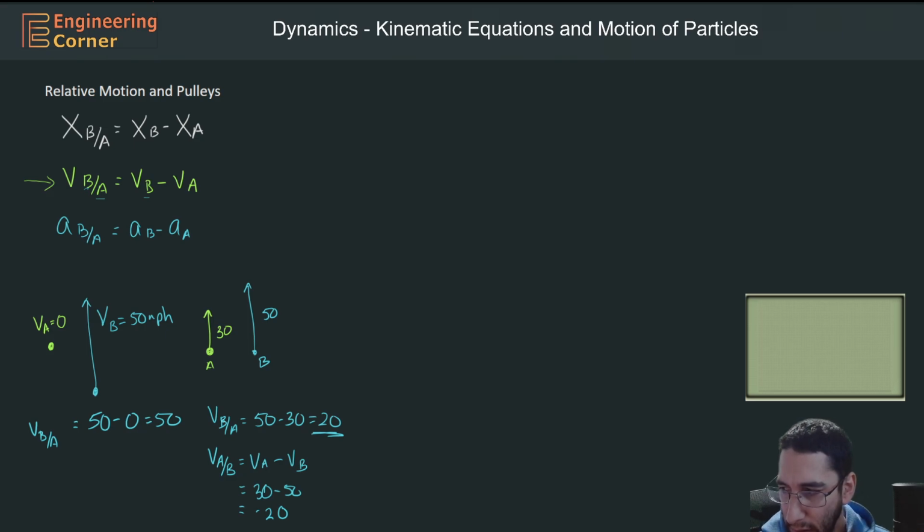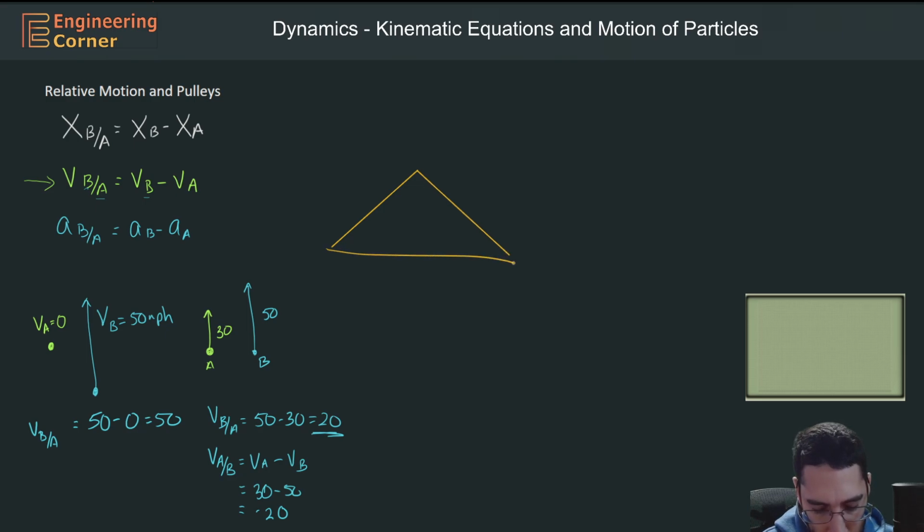Okay, so we have relative motion, but what do we do with pulleys? With pulleys, these are some sort of particles that are interconnected, so they're dependent motion.